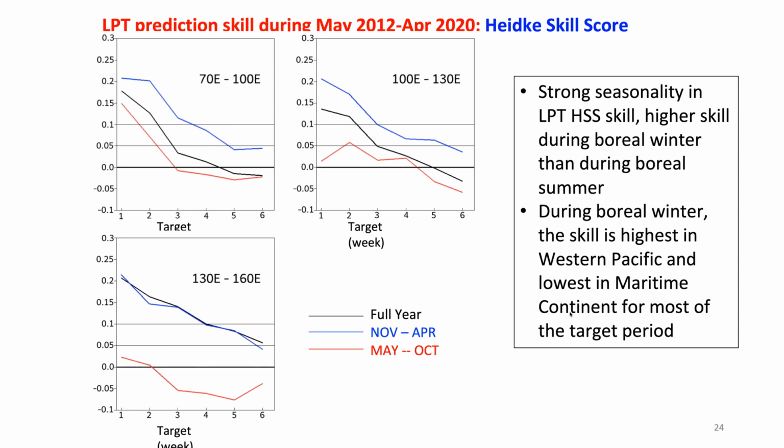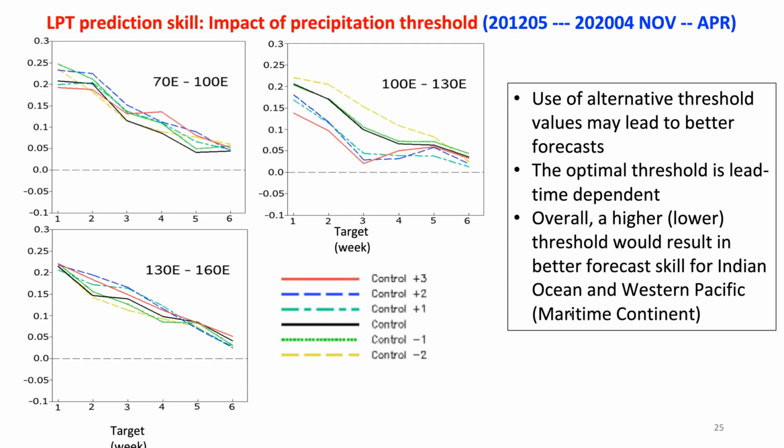Starting from the control setting, we tested the criteria using a lower threshold, that is control -2, to a higher threshold up to control +3. And we tested this for different regions.